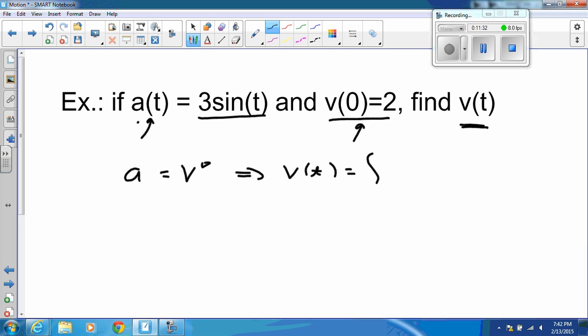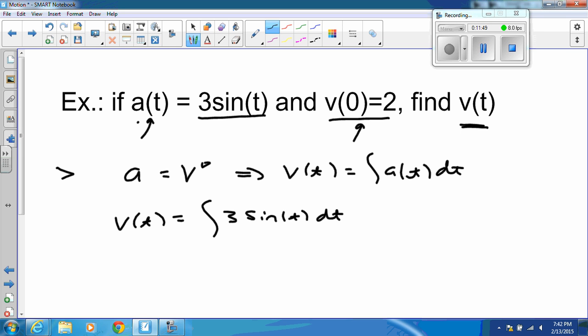We proceed by remembering that acceleration is the derivative of velocity, so velocity is the antiderivative of acceleration. I write this step here just to remind you of the logic. In practice, I probably wouldn't write that step out. Instead, I would just write velocity is the antiderivative of the acceleration, just like that.